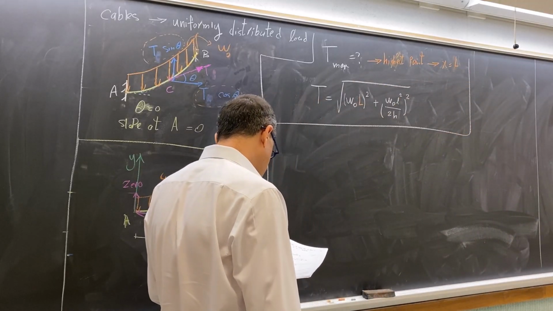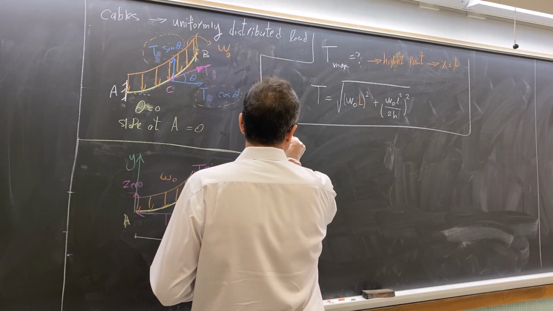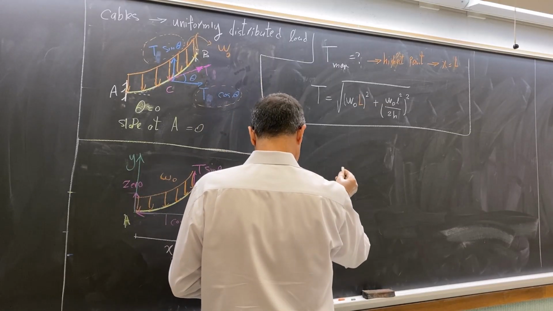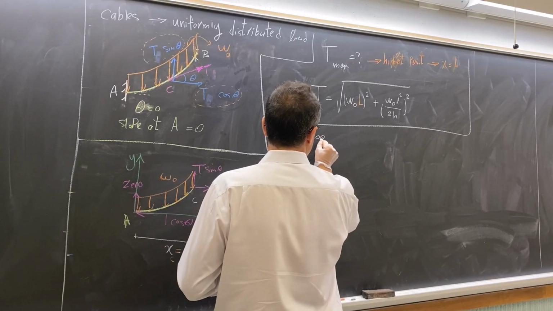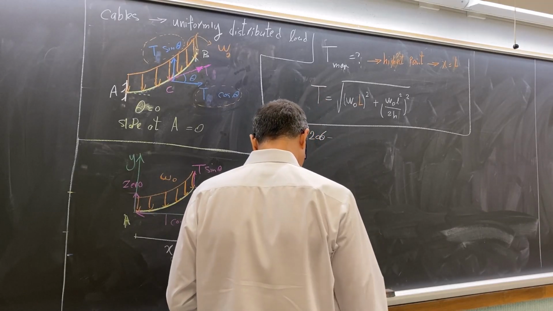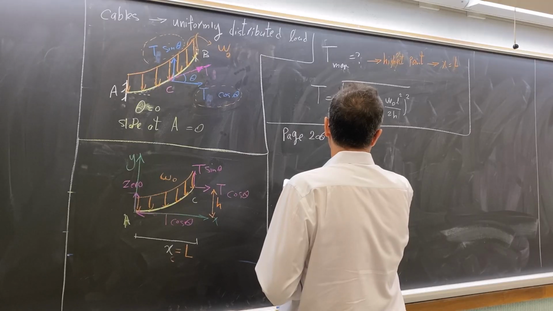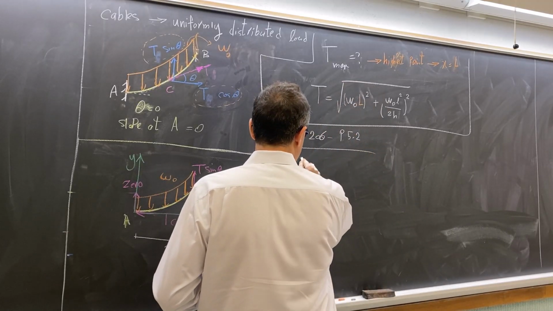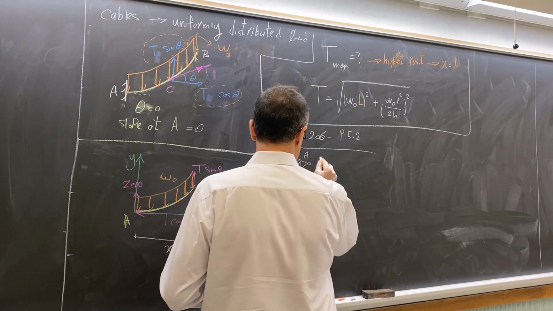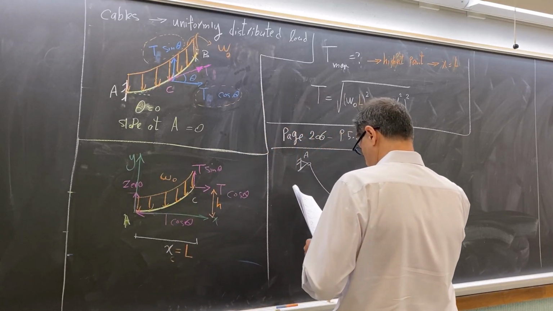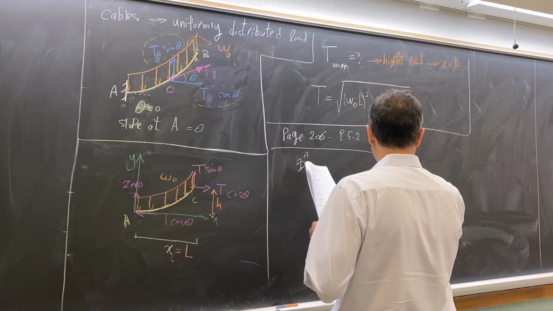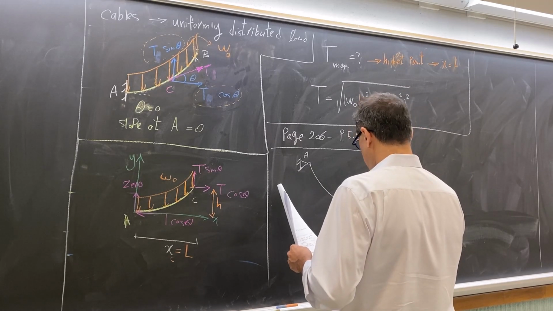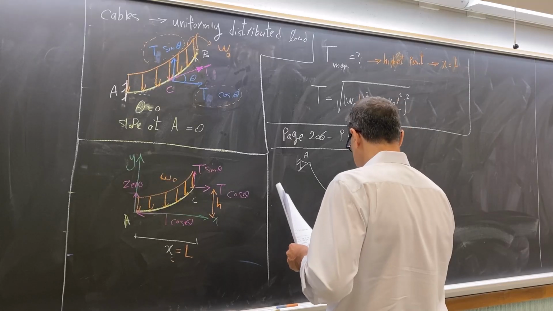This is the textbook problem, page 206. It is an in-text problem, problem number 5.2 within the text. You have support A. It is connected to support C. You have point B as the lowest point.